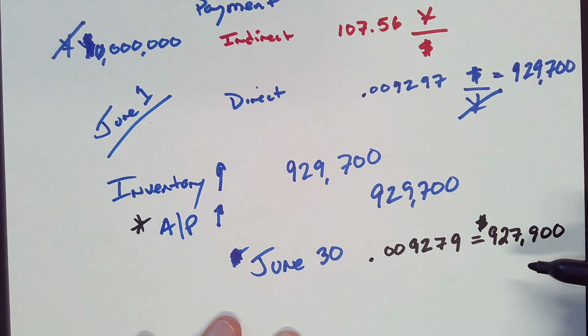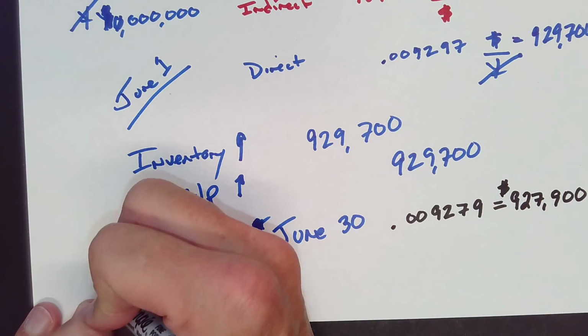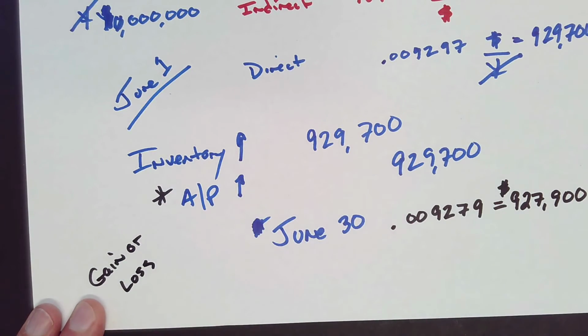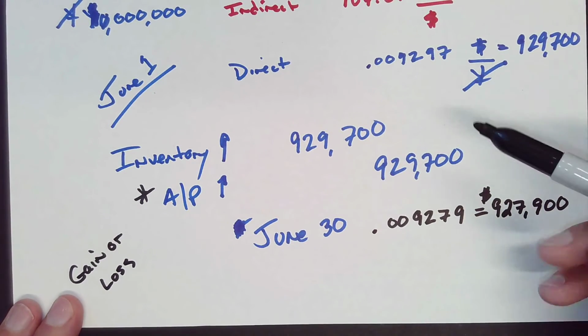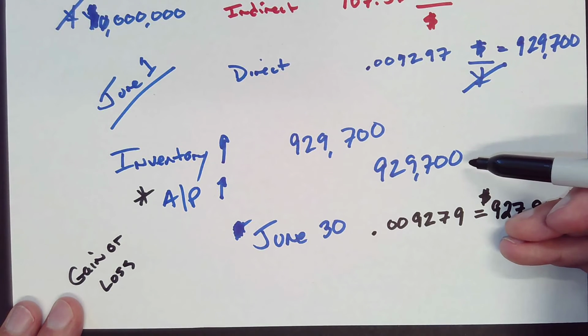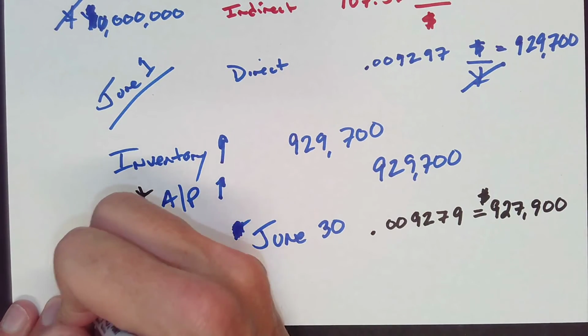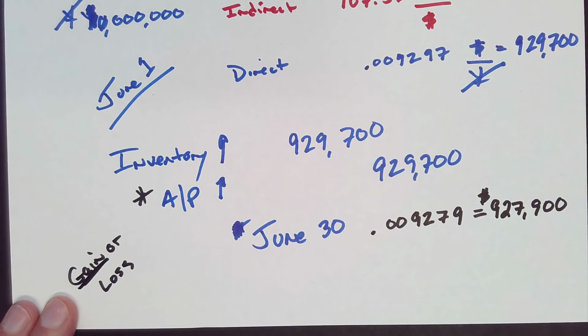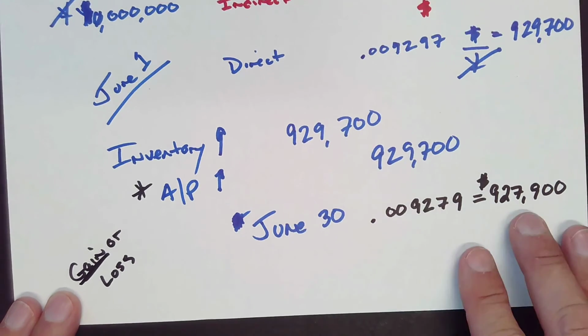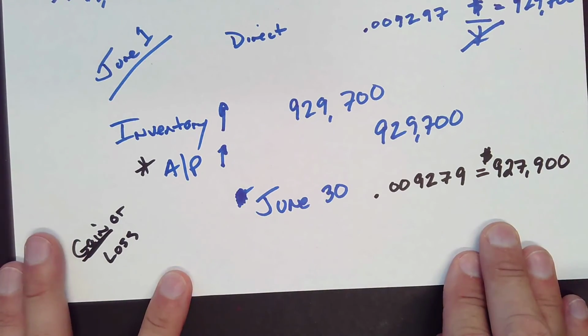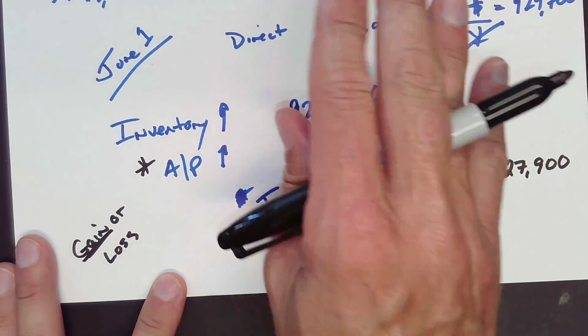So do I have a gain or do I have a loss? Well, this is a liability. I owed more than I booked, I owe more than I actually do owe. So I have a gain. So I would make this change. I'm just going to jam this little adjusting entry down here. So nothing with inventory. This is all accounts payable.